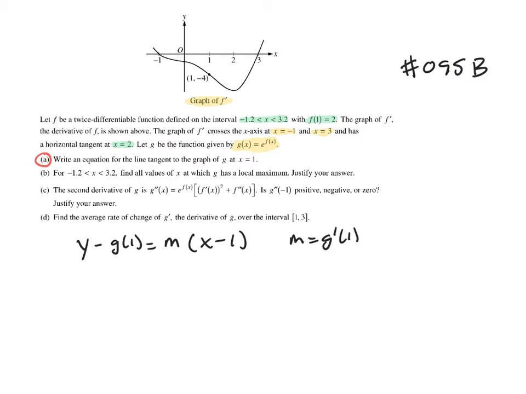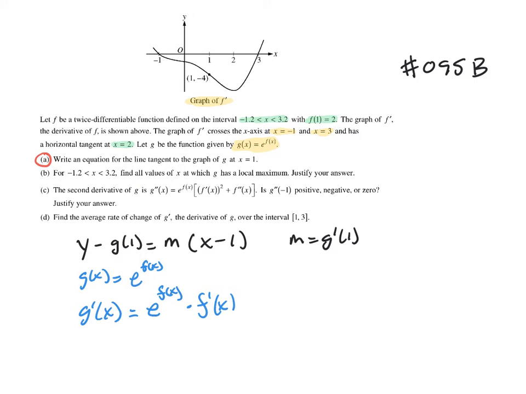Okay, so in order to get g prime of 1, I have to take the derivative of g. We know that g of x equals e to the f of x. And so the derivative is going to be, this is like e to the u, so the derivative would be e to the u times u prime. So that's going to be e to the f of x times f prime of x.